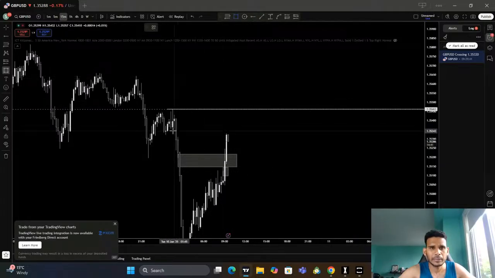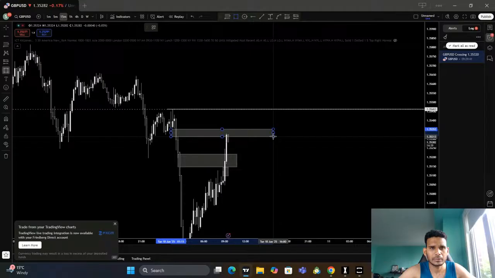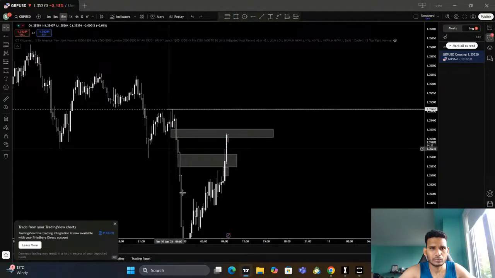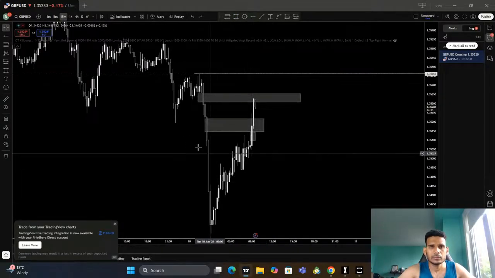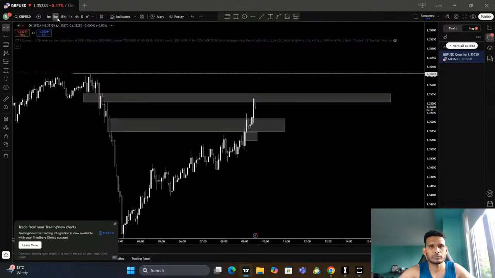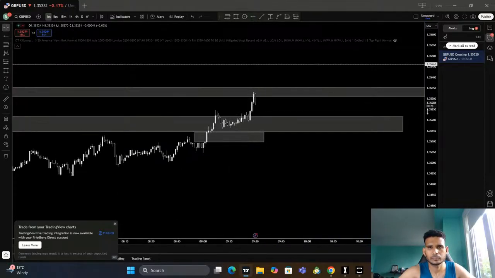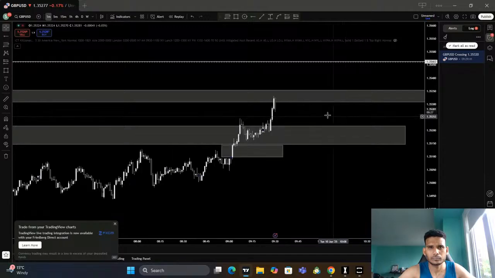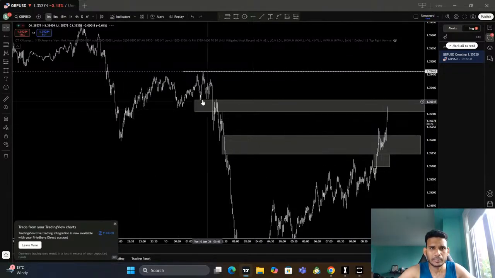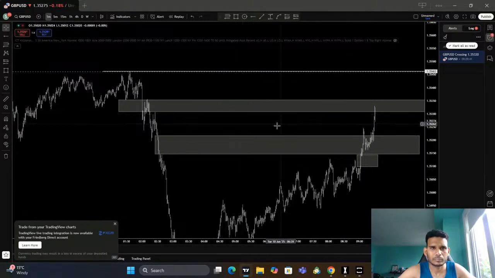This is an extremely premium fair value gap in this whole swing. M5, M1. This is the extremely premium fair value gap in this move.